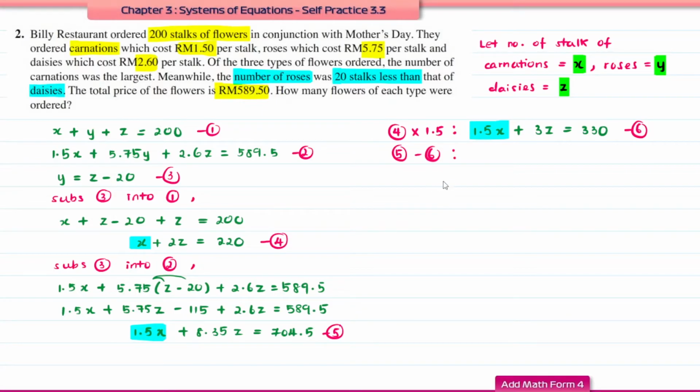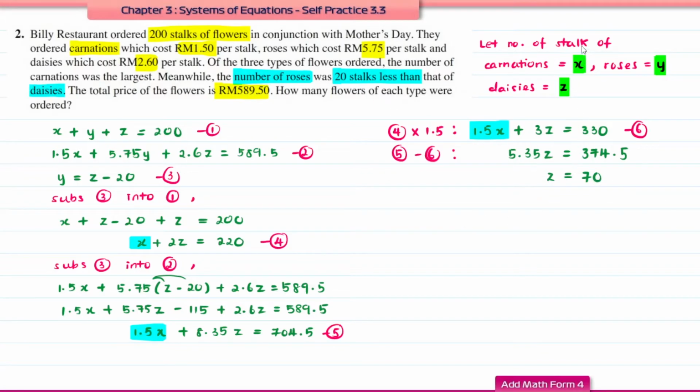So 1.5x minus 1.5x is equal to 0. 8.35z minus 3z is equal to 5.35z. 704.5 minus 330 is equal to 374.5. So to find the value of z, it is 374.5 divided by 5.35, which is equal to 70.